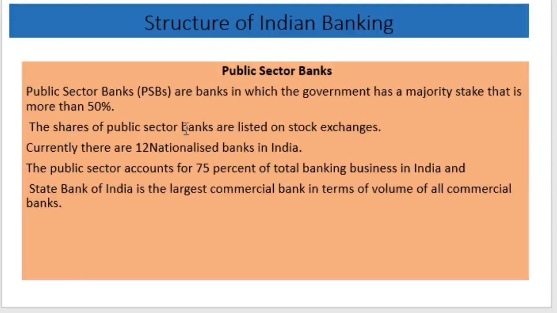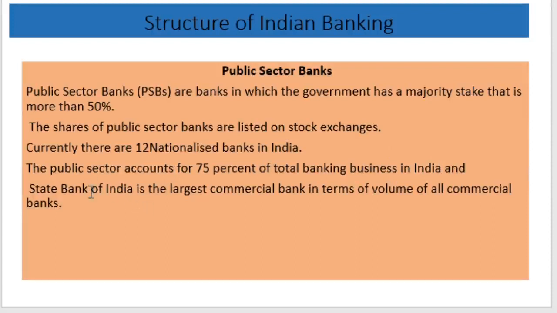And the shares of the public sector banks are listed on the stock exchanges. Currently, there are 12 nationalized public sector banks in India, and the public sector banks account for 75% of total banking business in India. That is, the majority of banking business in India is carried out by the public sector banks.